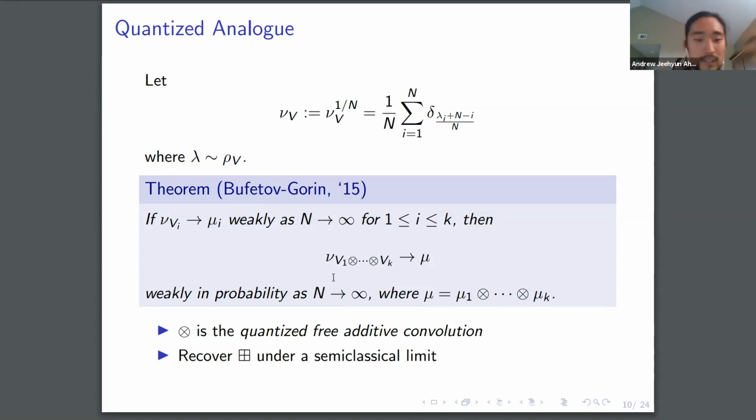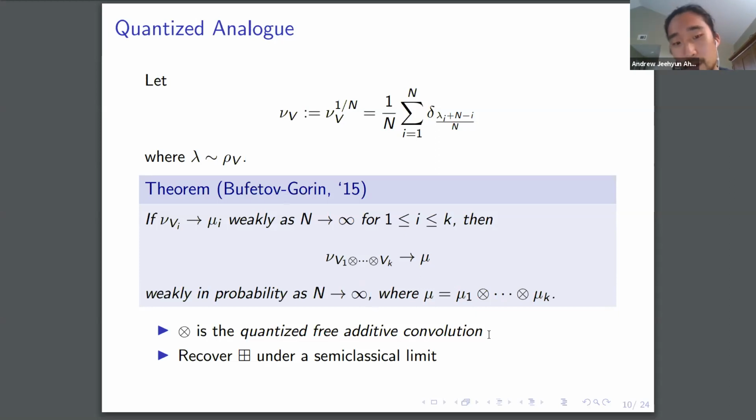You can define the quantized free additive convolution similarly to how we did for the free convolution with R transforms, where we replace these R transforms with something called a quantized R transform. This is my quick definition. You can look in the paper of Bufetov and Gorin for additional details.